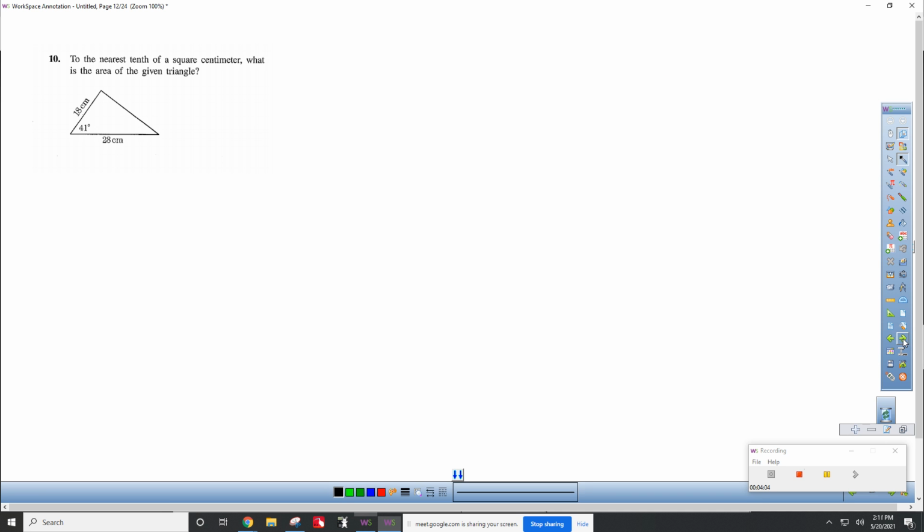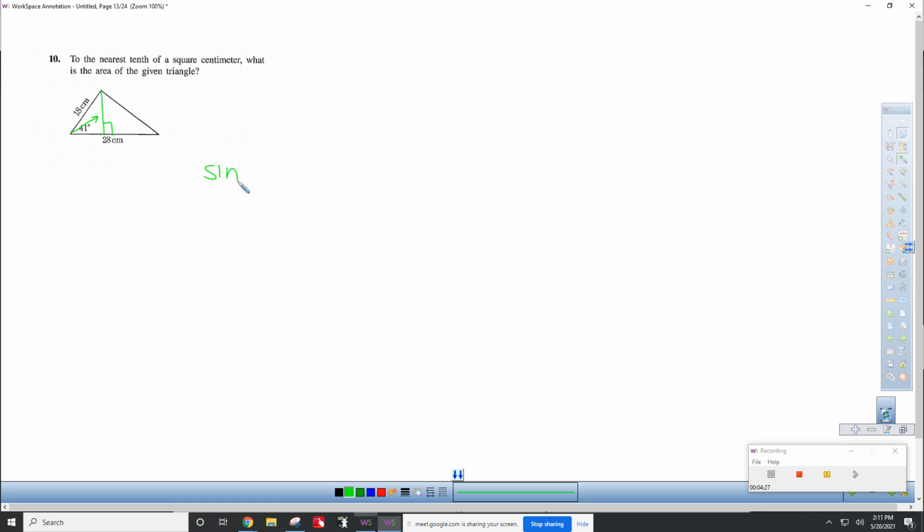That one's easy. To the nearest tenth, what is the area of the triangle? Okay, this one won't take nearly as long. How do I find the area of the triangle? 1/2 base times height. So I need to find the height. Well, how do I find the height? Well, according to the 41, the height is the opposite, and 18 is the hypotenuse.